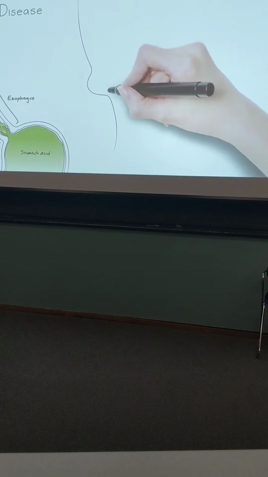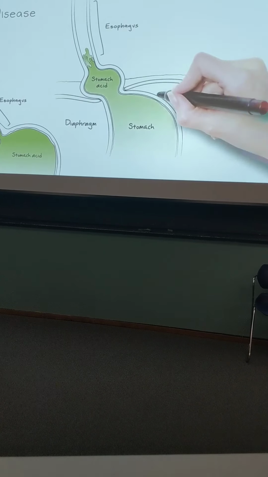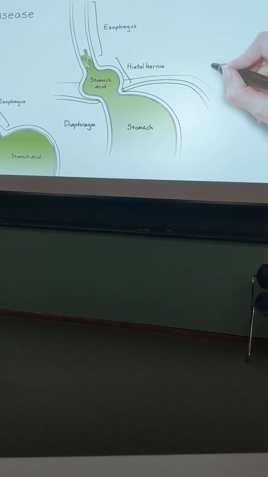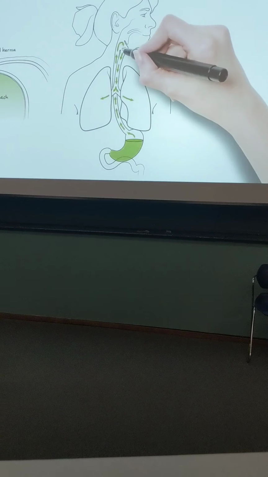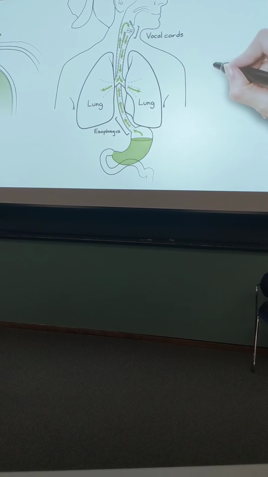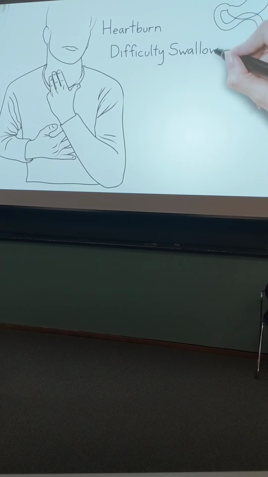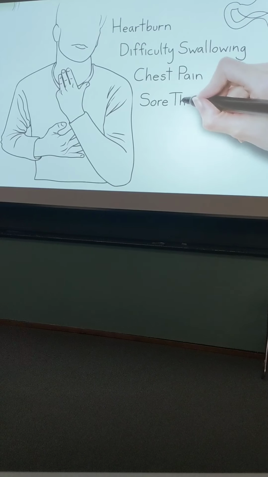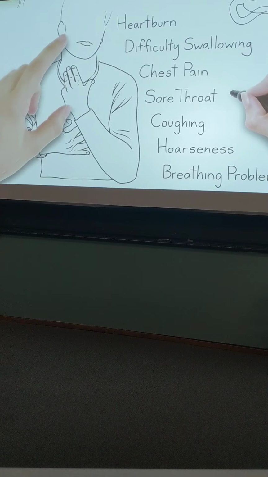It may also be caused by factors that affect stomach or esophagus function, such as an abnormal bulging of the stomach through the diaphragm called a hiatal hernia. When exposed to stomach acid, your esophagus, lungs, and vocal cords become irritated. This can cause symptoms such as heartburn, difficulty swallowing, chest pain, sore throat, coughing, hoarseness, or breathing problems.